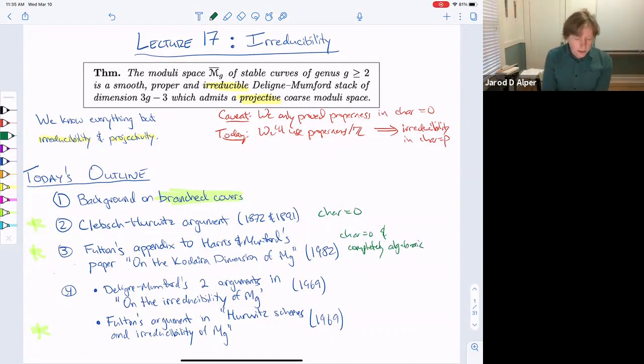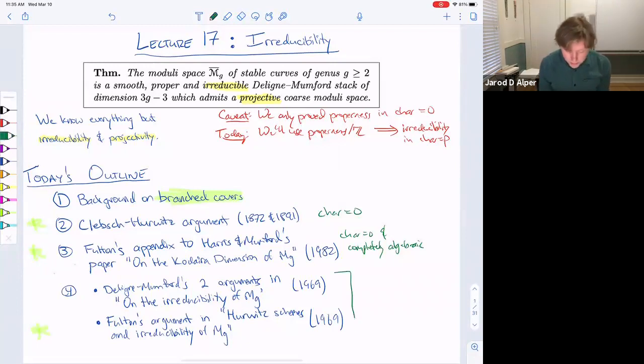And so the third argument will be Fulton's appendix. And then I'll try to summarize some irreducibility arguments from 1969. There are these 2 papers, one by Deligne and Mumford, where they presented 2 arguments proving the irreducibility of MG, and then Fulton's paper appearing in the same year.